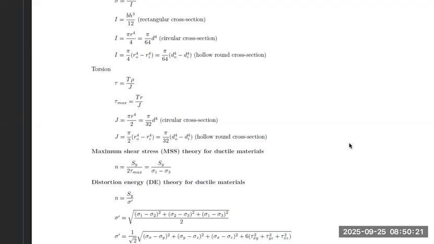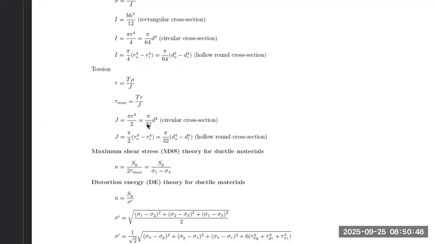For torsion, tau max is equal to T times r over J, or tau in general is just equal to T times rho over J, where rho is the distance from the center. But here we are interested in the outermost location, which is tau max.